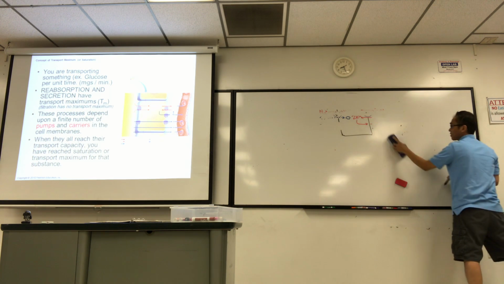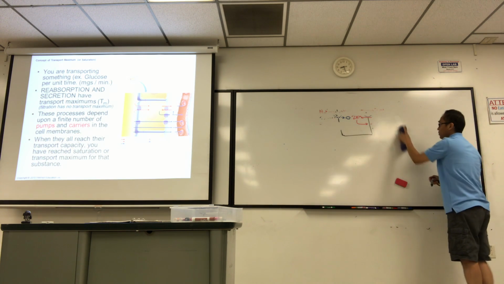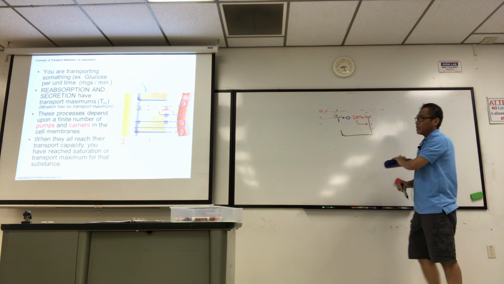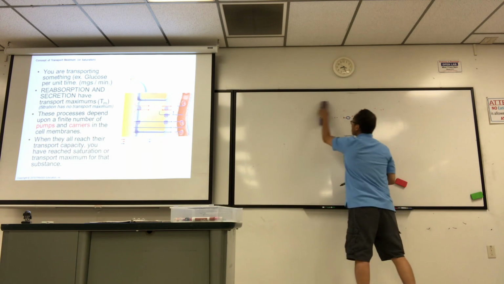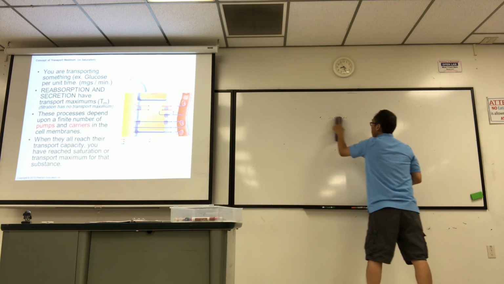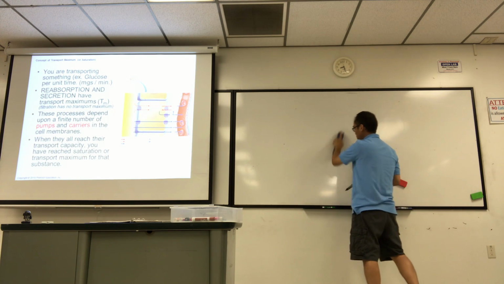But know what I say after that. Filtration, no max. You can just filter. If it makes it through the filter, it doesn't matter how much is going through. It all goes through. But secretion and reabsorption, you can max those processes out.